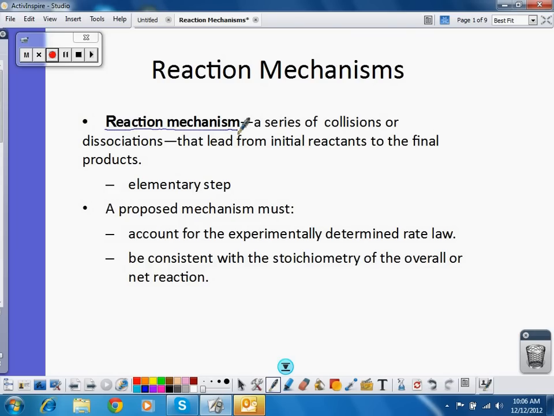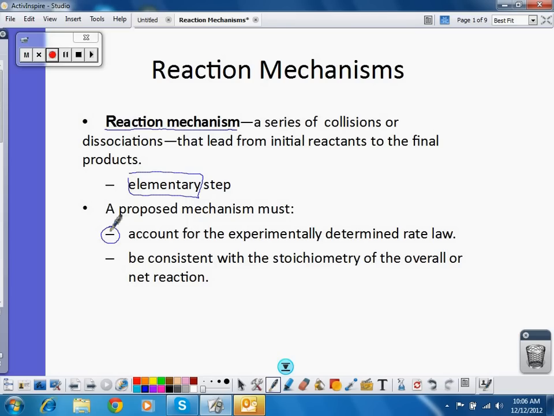So a mechanism can have one step or more than one step. Each step in the mechanism is called an elementary step. So in the mechanism I have one or more elementary steps. And when I look at a mechanism, the mechanism must satisfy two conditions.